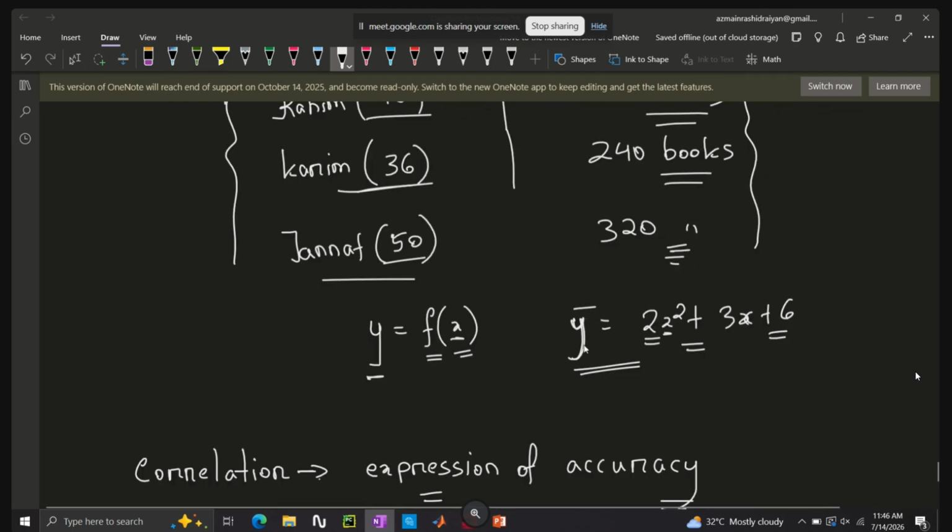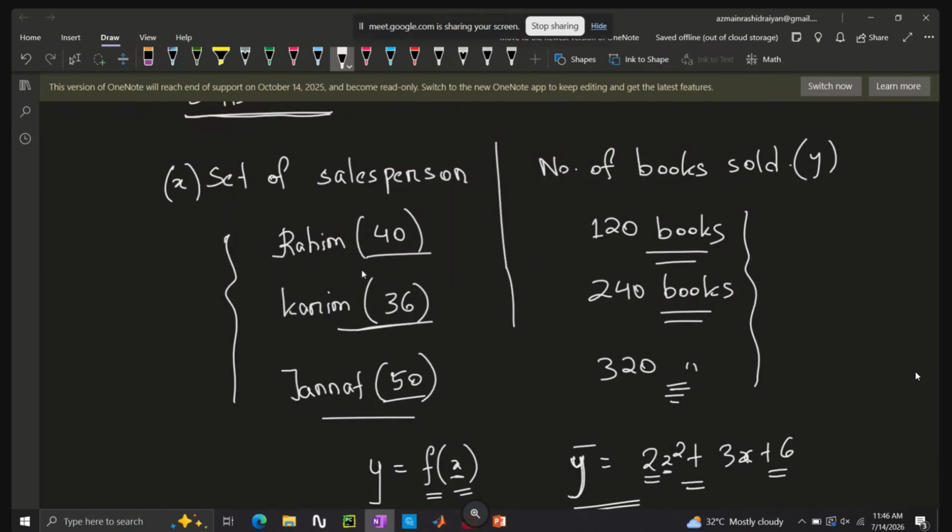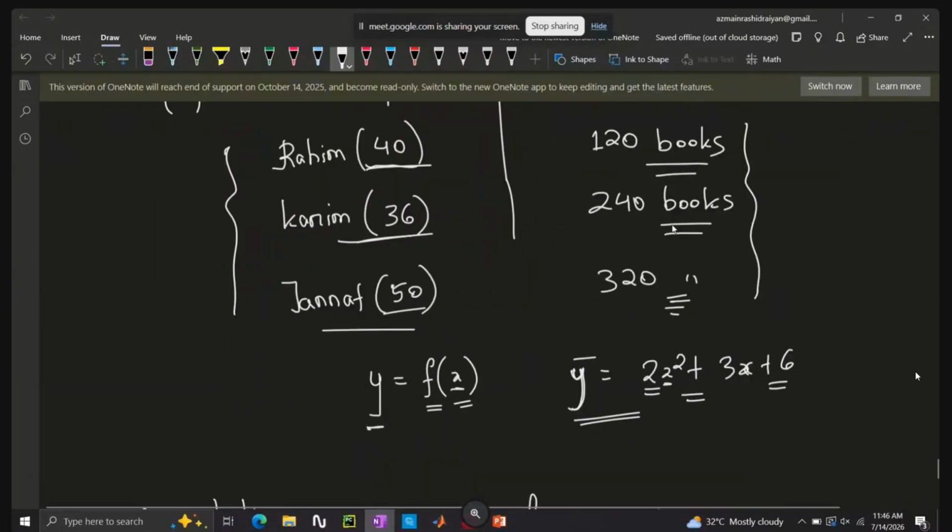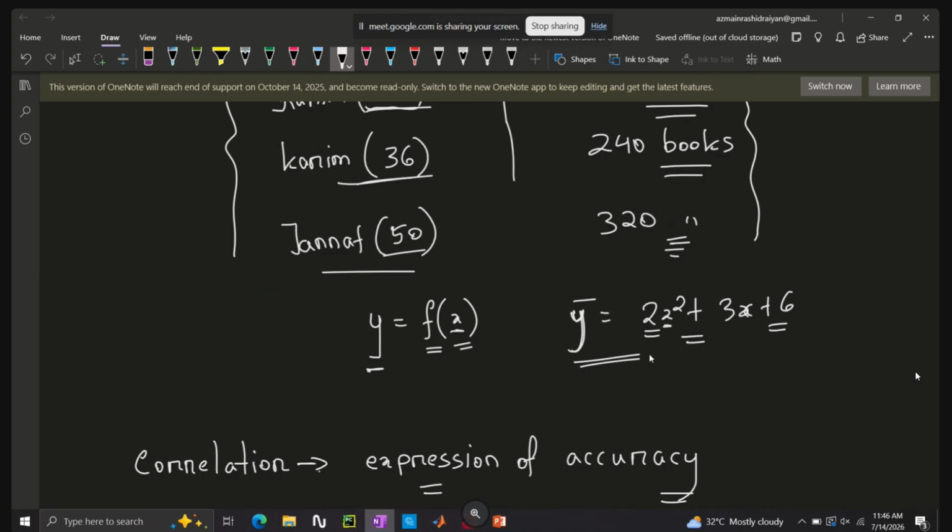Here, as we have mentioned, we have two sets of data. One is the number of phone calls received by the salesperson, and another is the number of books sold by that corresponding salesperson, given as Y. Let's say we have made a regression model. On that basis, the correlation coefficient of the regression model tells us how accurately or precisely this regression model will be able to capture the varying data.